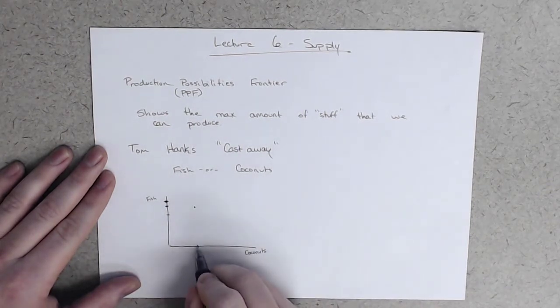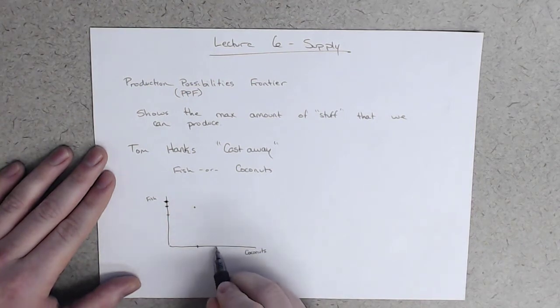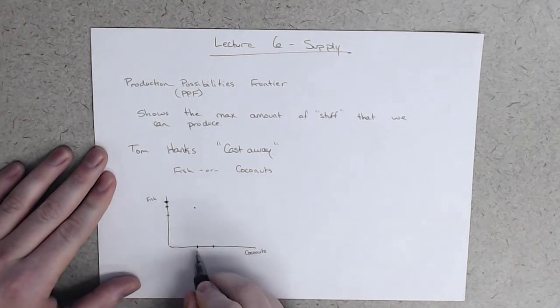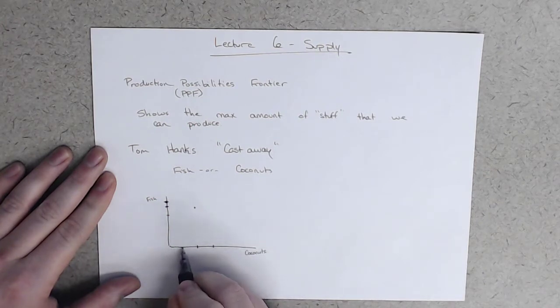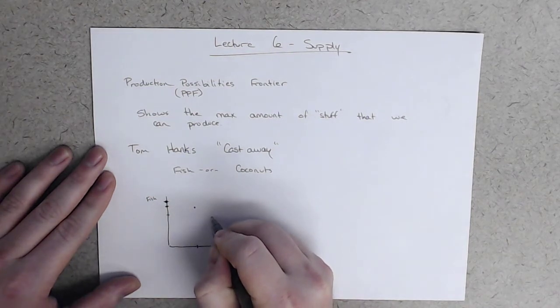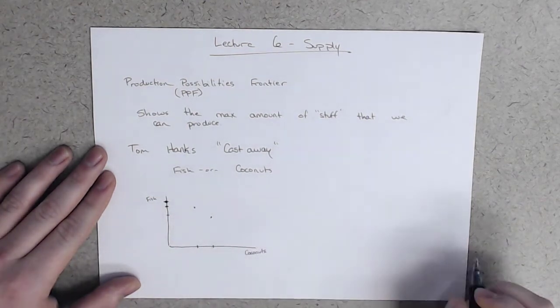And since he's already gone to the best coconut field, he's going to have to go to the second best coconut field now, right? And let's say that that gives him this many more coconuts, right? And notice that this many is smaller than this many, okay? And so here we plot this point, okay?